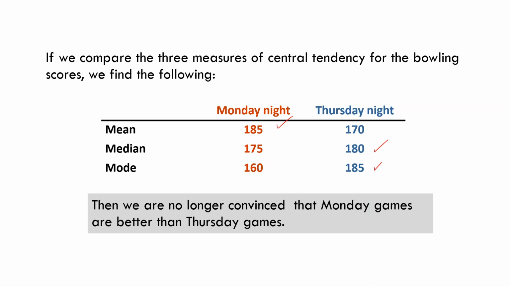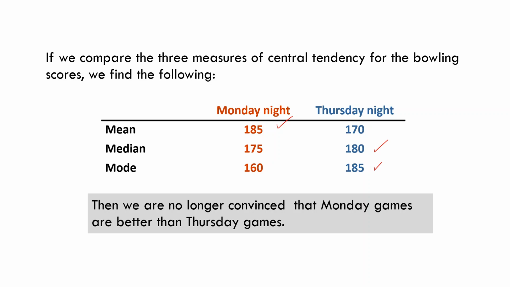After using all three, mean, median, and mode, we can conclude that the Thursday night game is better than the Monday night game, because Thursday has the higher median and mode, the two components that are higher.